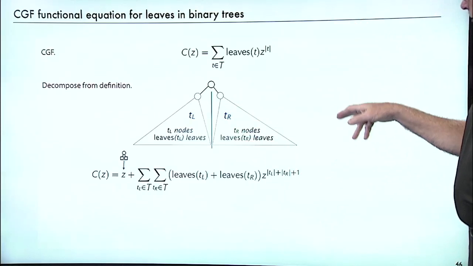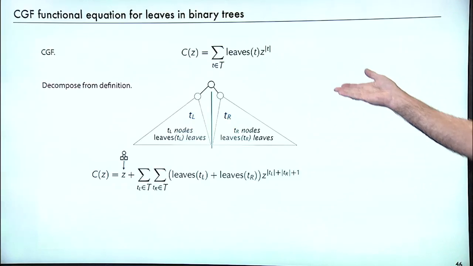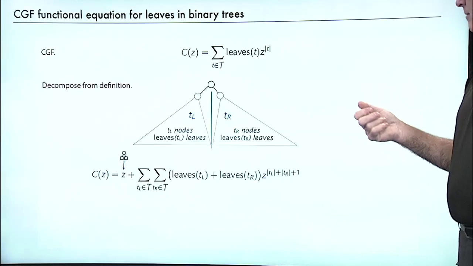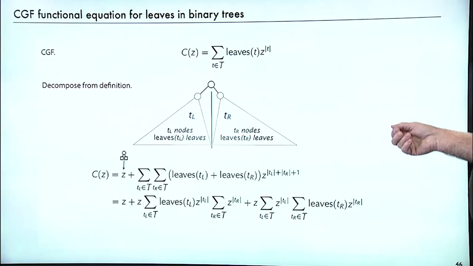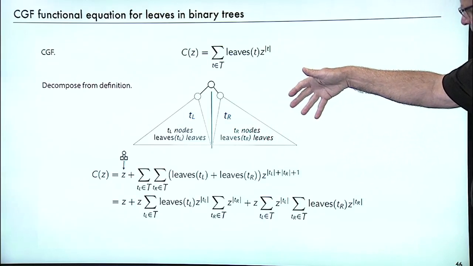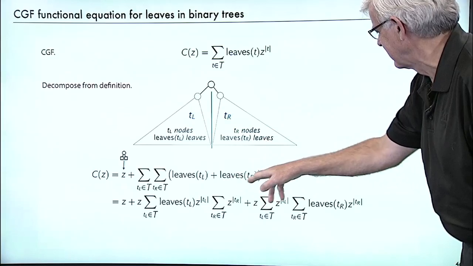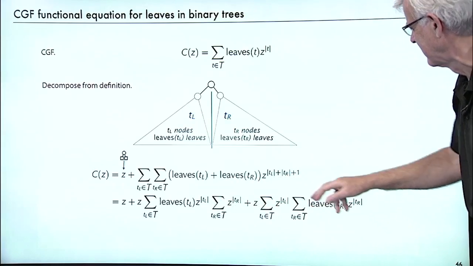So this equation here holds exactly, again with the plus 1 for the root, and that same decomposition gives us this same equation. And again, T_L and T_R are independent, so that immediately allows us to break these sums up into independent sums. So we have leaves of T_L, Z to the T_L, times the sum on T_R.